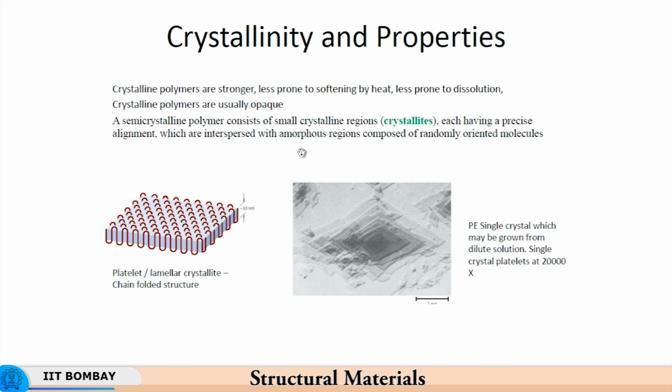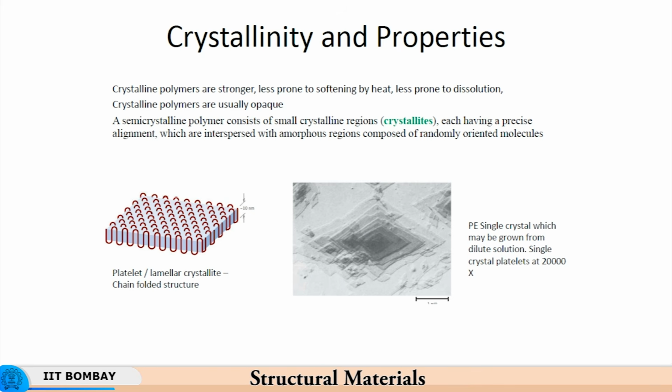Semi-crystalline polymers consist of small crystalline regions, which are called crystallites, each having a precise alignment, interspersed with amorphous regions composed of randomly oriented molecules. These randomly oriented molecules give rise to the transparent regions, whereas the crystalline regions give rise to opaque regions.